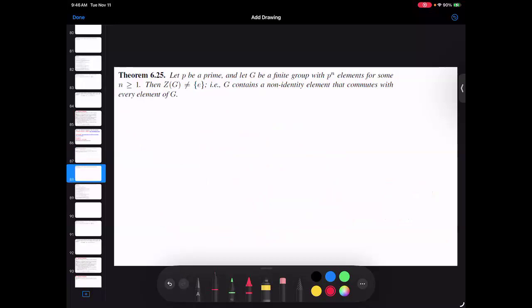So it's always interesting to ask, would these theorems work if the order was not a prime power? Is this an assumption to make the proof easier or not? Assume the center is not the identity element. So how many elements must be in the center? What can you tell me about that number?